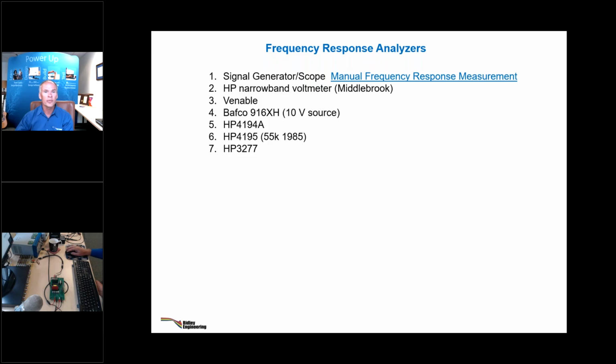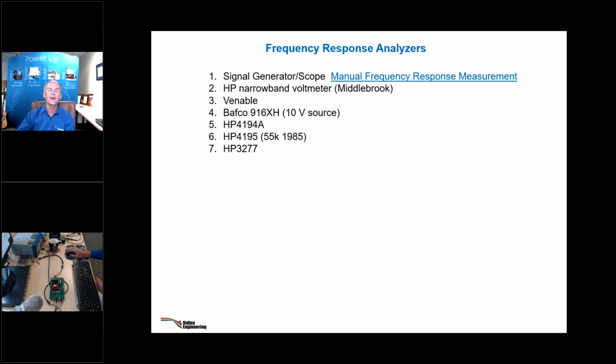And then the one that we ended up buying where I worked was called a Bafco 916XH. So again, I don't know, maybe you can find these on eBay. And the beauty of the Bafco is 100% analog. You had analog dials on it, and they had logarithmic multipliers on them, and you dialed everything in and you tweak things up and down.